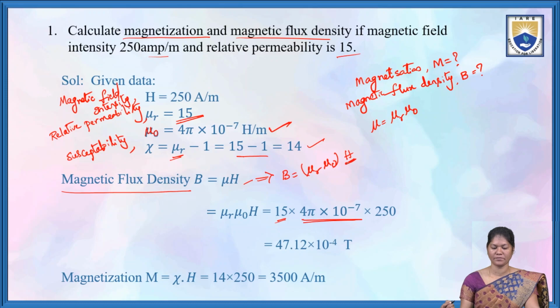Then the magnetic field intensity H is equal to 250 amperes per meter. So multiplying all these values, we'll get 47.12 into 10 power minus 4 Tesla. This is the value of magnetic flux density, capital B.